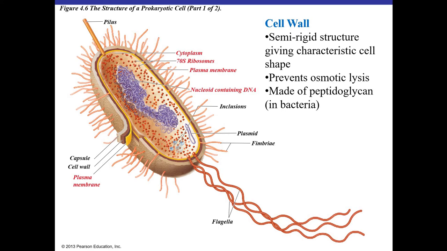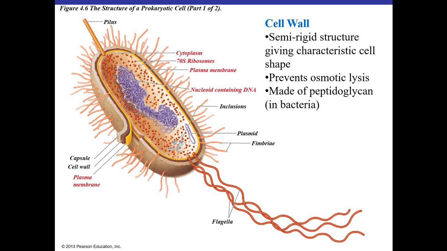When we look at the environmental conditions a bacterial cell is going to have to endure, some days it's going to find itself in a nice moist water environment. Other days it may be an environment with more salt or sugar. All this is going to change the osmotic pressure, and the cell wall under certain conditions is going to prevent osmotic lysis.